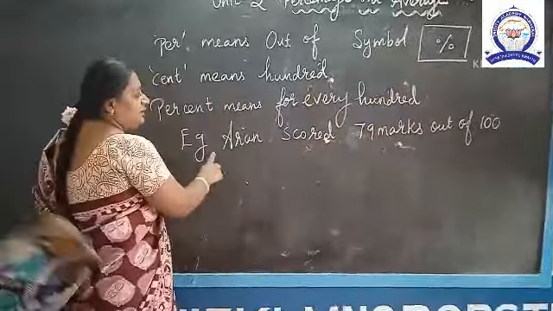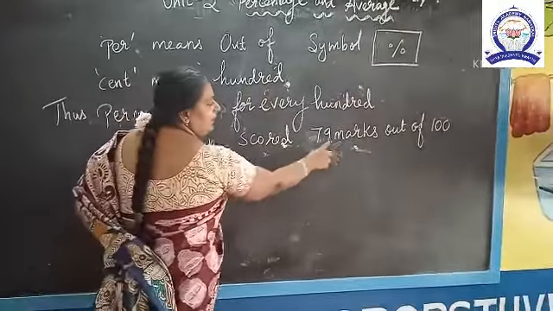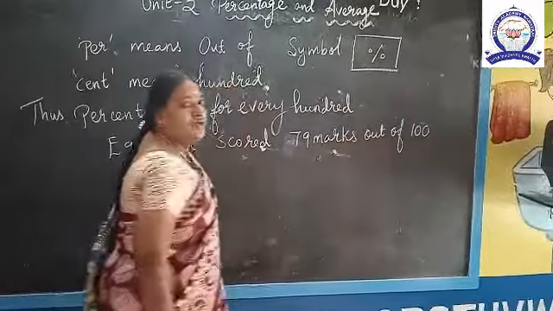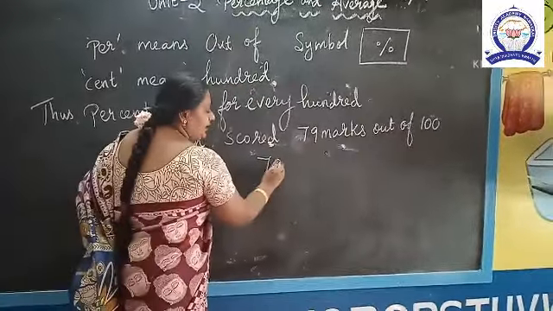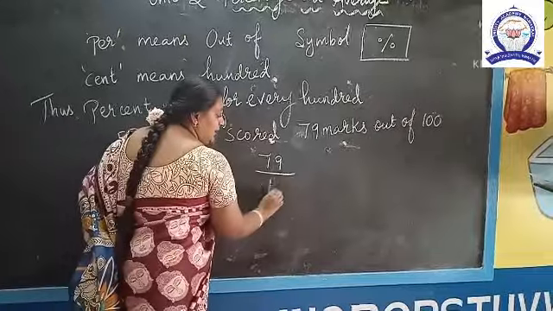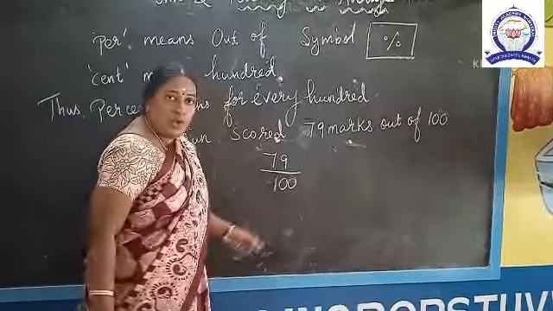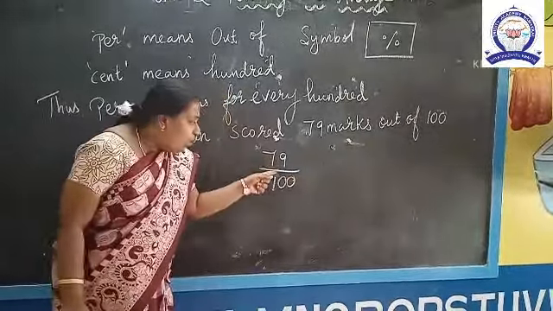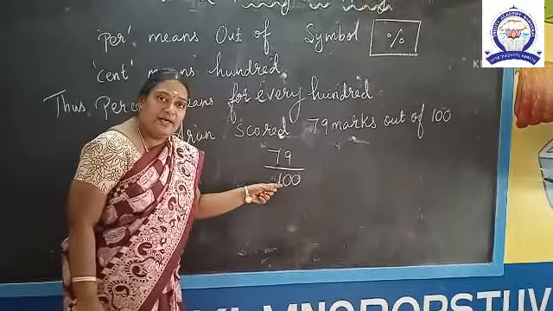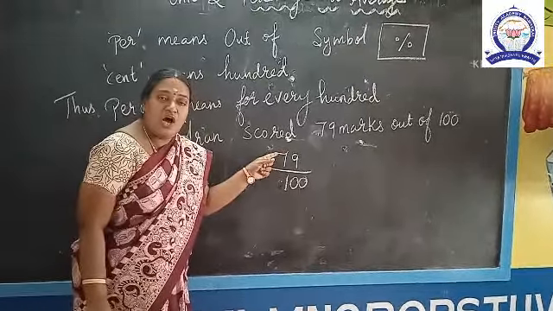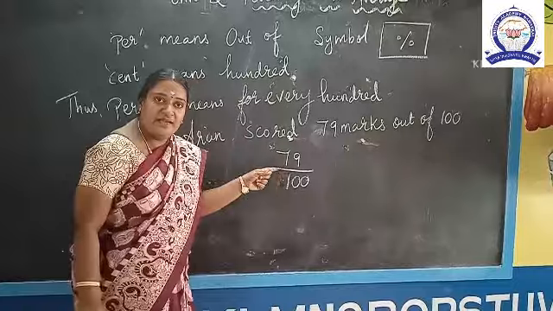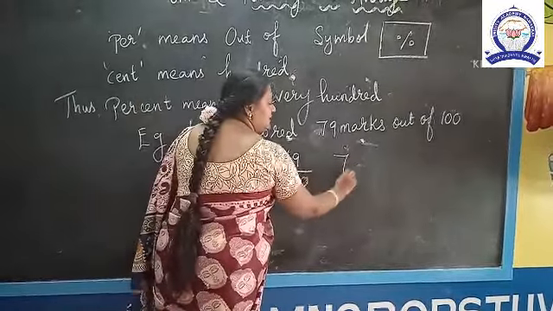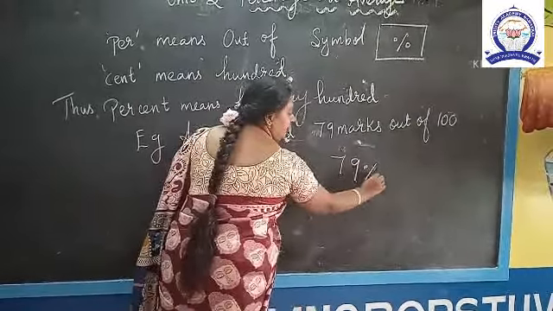Now how will you write 79 marks out of 100? We can write 79 by 100. So how will you express this as percentage? We can write 79 percentage.